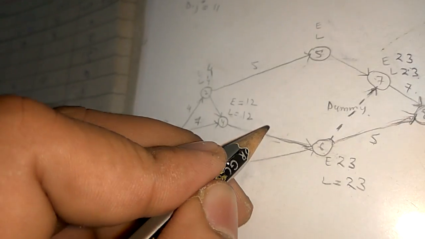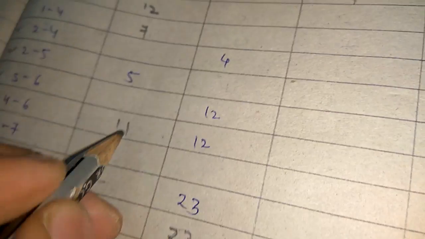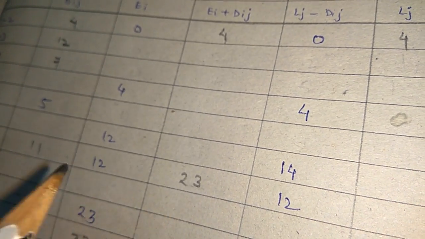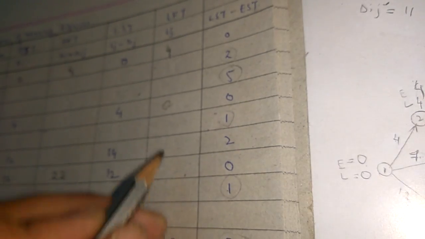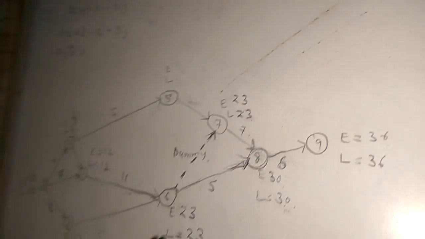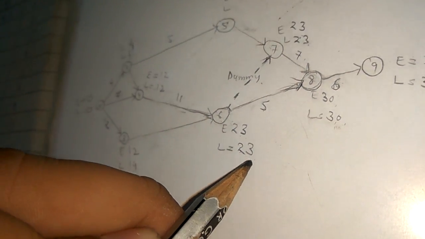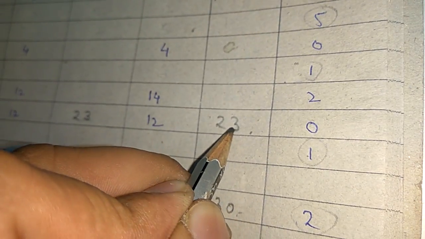If Dij is 11 and Ei is 12, then Ei plus Dij is 23. And between 4 to 6, what is the value of Lj? Lj is 23.